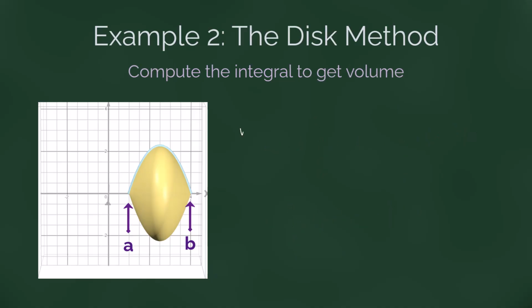Now that we know our integral, we can begin doing our computations. So our volume here is going to be the integral from 1 to 4 of pi times negative x squared plus 5x minus 4, all squared, dx. We can move the pi out to the front, so that gives us pi times the integral from 1 to 4 of negative x squared plus 5x minus 4, all squared, dx.